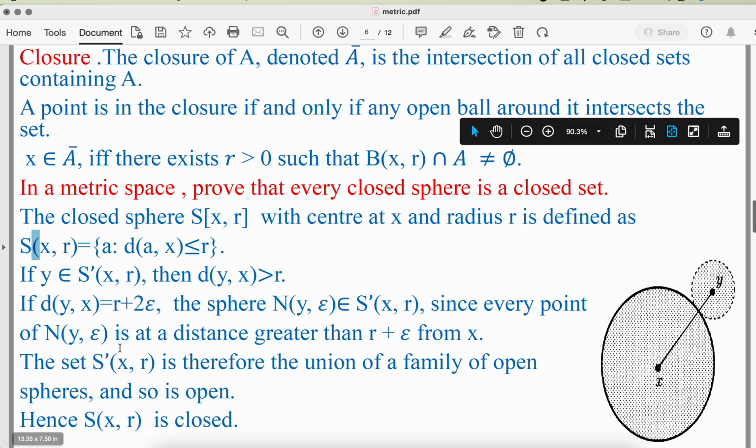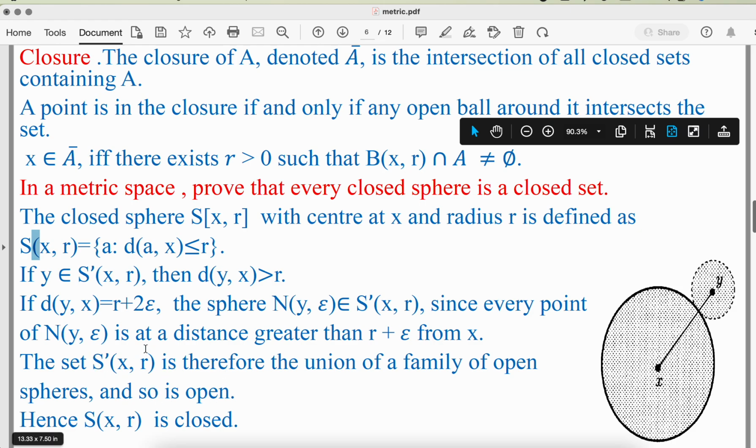Since every point of this sphere N centered at y and radius epsilon is at a distance greater than r plus epsilon from x. It means this set S dash x r is the union of a family of open spheres N(y, epsilon), and because it is a union of a family of open spheres, it is open.